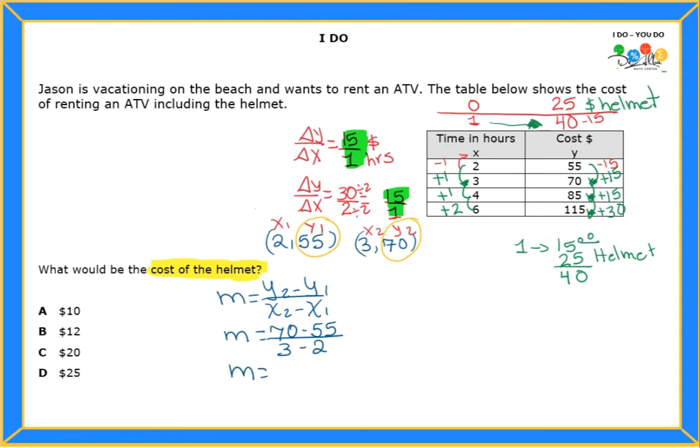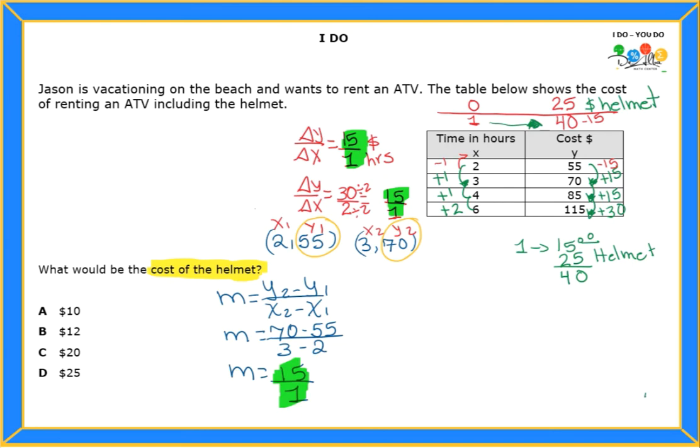So what's 70 minus 55? It's a 15, right? And 3 minus 2 is 1. Very good. So I want you to look at the one that we found when we did the change of the y over the change of the x, which was rate of change. It's exactly the same. I got a 15. Is that right? Okay, very good.